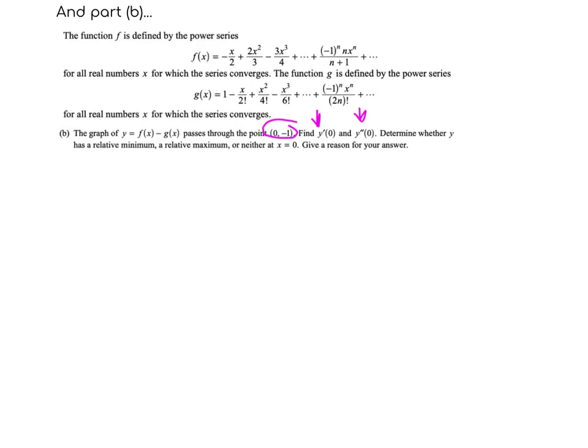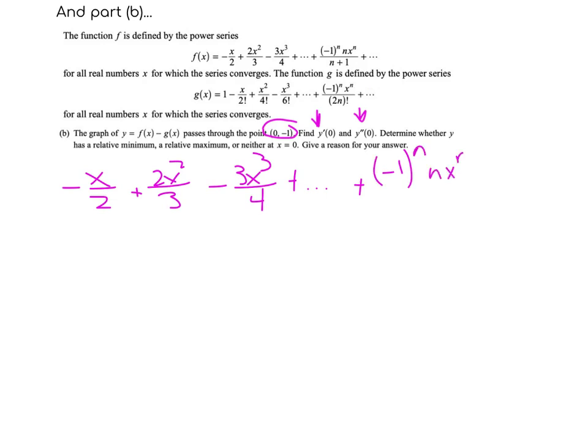Well, let's write down f. x over 2, 2x squared over 3, 3x cubed over 4, negative 1. That's not a negative 1. Negative 1 to the n, x to the n over n plus 1. And let's consider g.